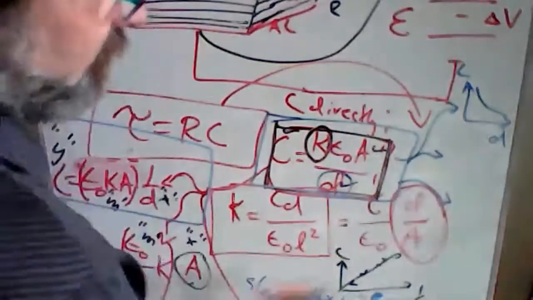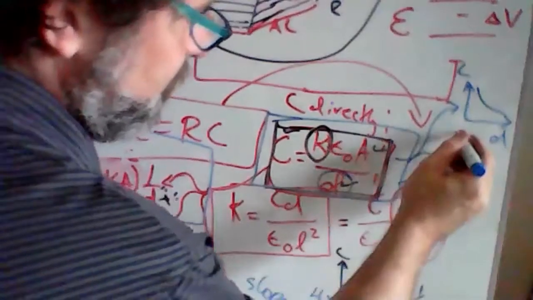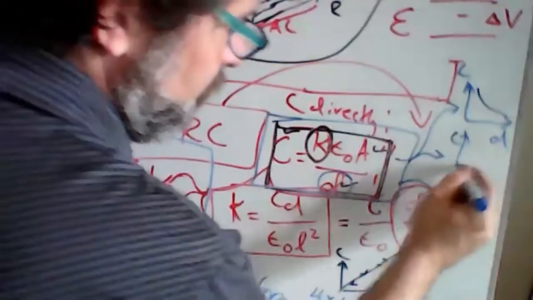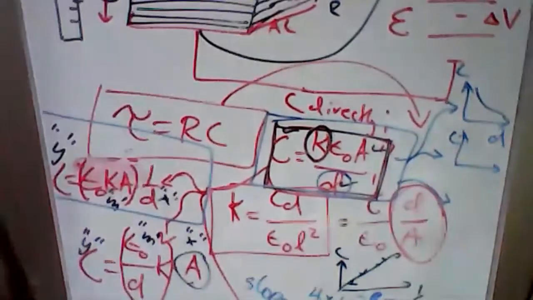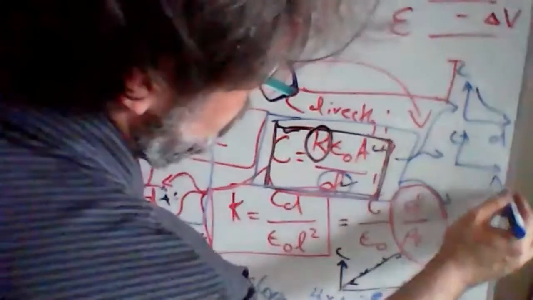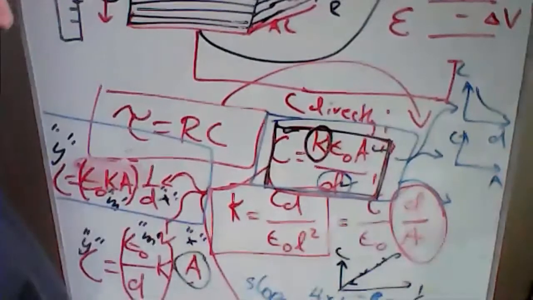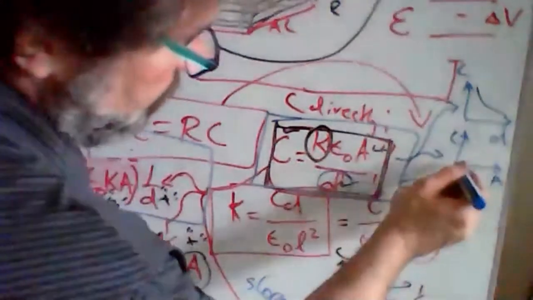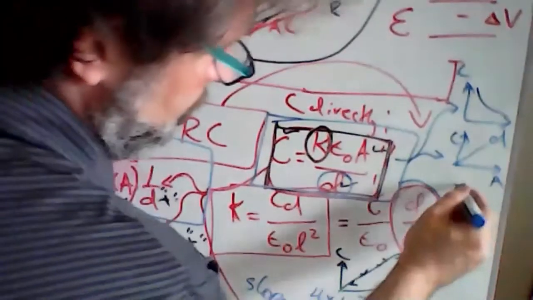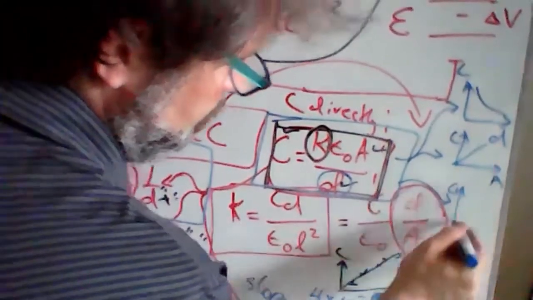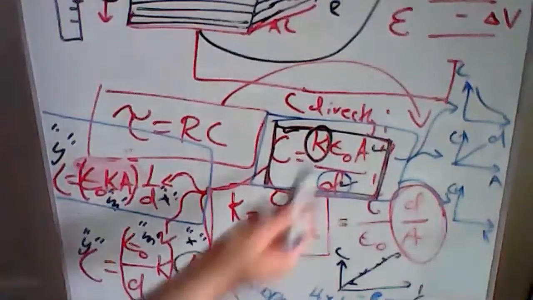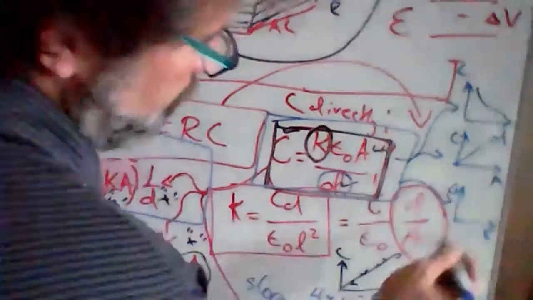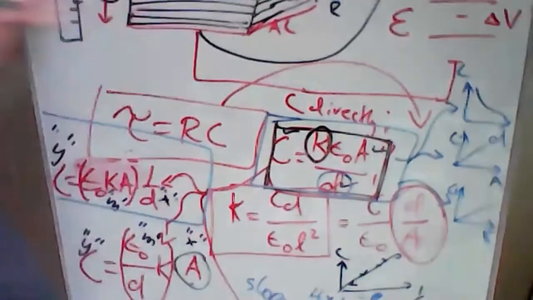And then we have C varying with respect to A. Assuming D stays the same, it would be linear, something like this. And then the other one would be C versus K. If we increase K, the whole thing will also be linear.